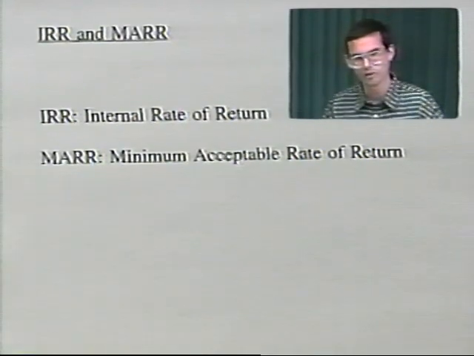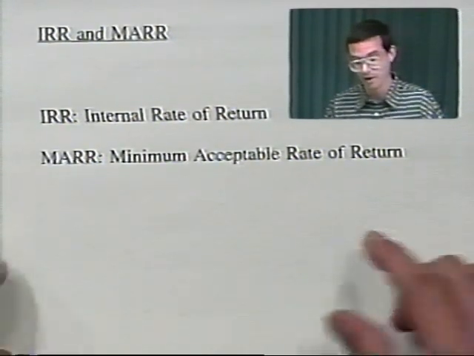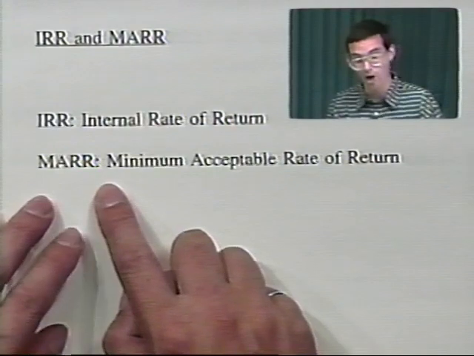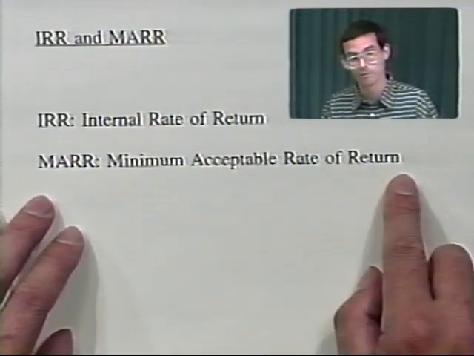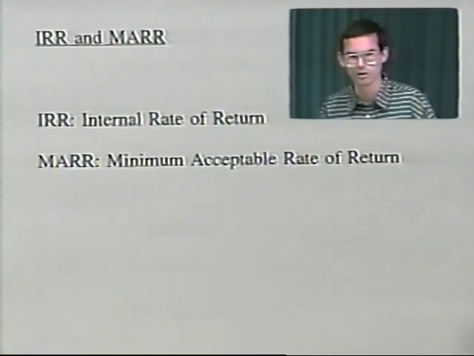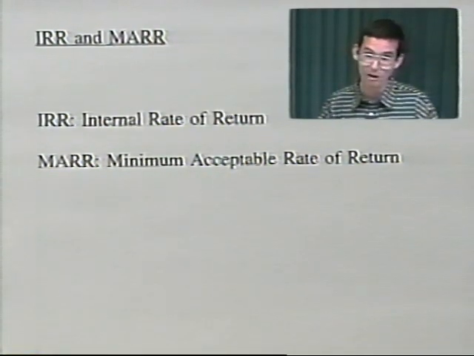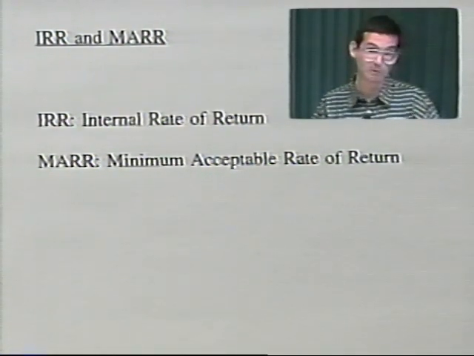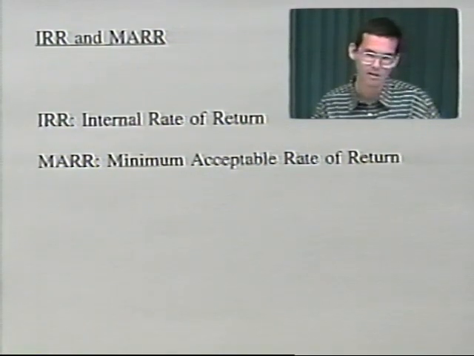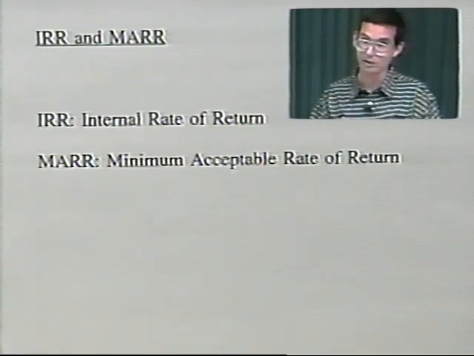And to judge it, I have to compare it to something. And what we compare it to is what's called the MARR, the minimum acceptable rate of return. And that's a desirable rate of return, what we'd like to achieve with an investment. So if the 4% from the bank was less than my minimum acceptable rate of return of, say, 8%, then I wouldn't invest my money in the bank. I'd invest it somewhere else.